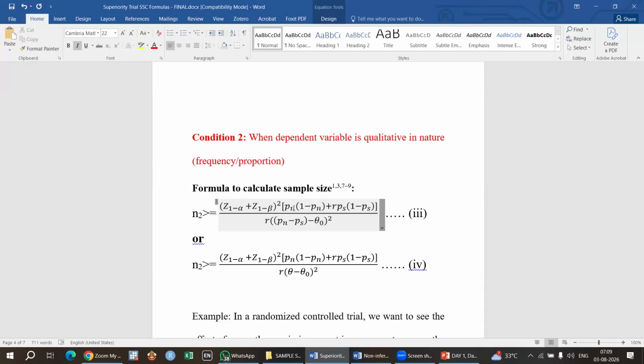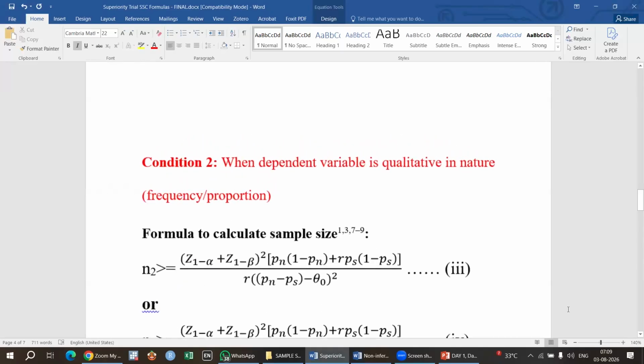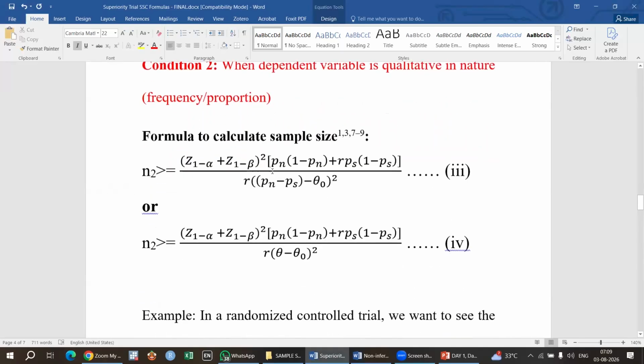So PN is a proportion. PN means proportion of outcome in a new treatment. N means new treatment. This is 1 minus P.